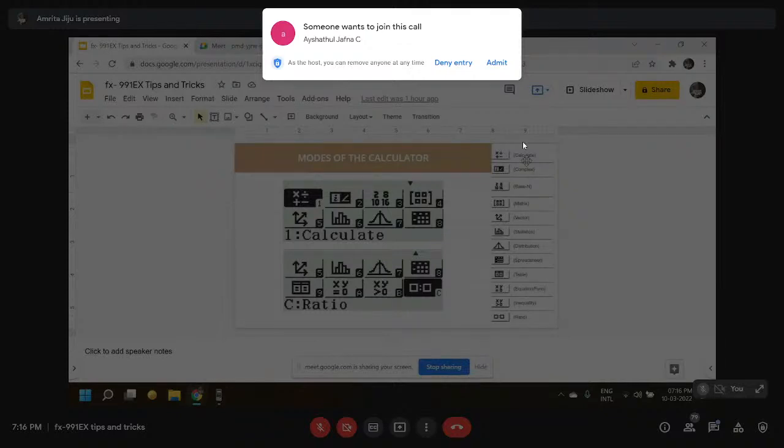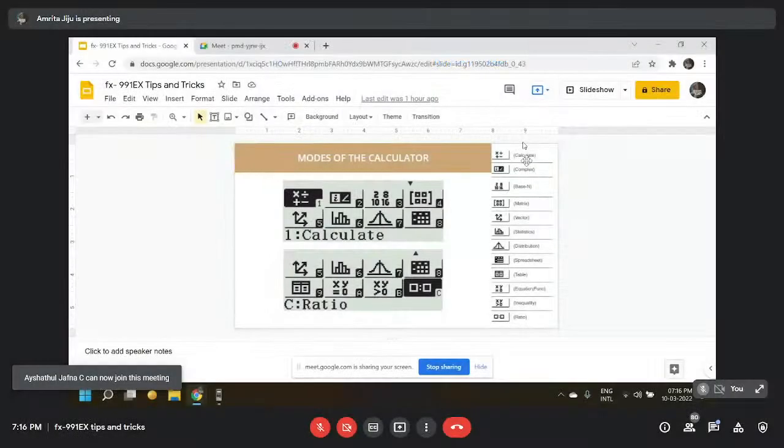This calculator supports 4x4 matrices. Now the fifth mode is vector calculus. You can do vector addition, subtraction, multiplication, division, dot product, cross product, etc. in that mode.